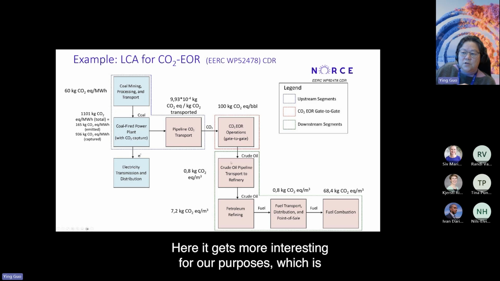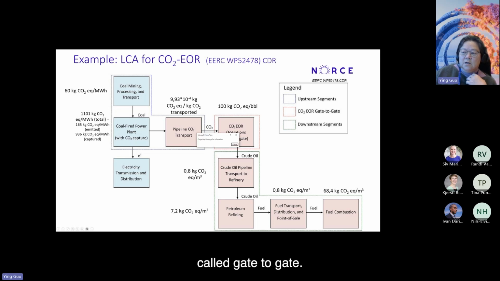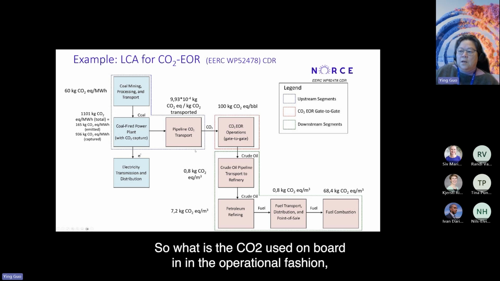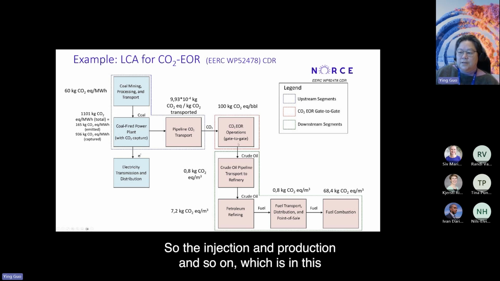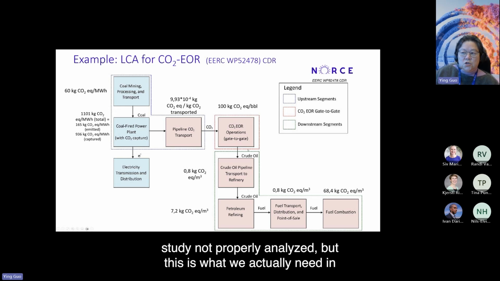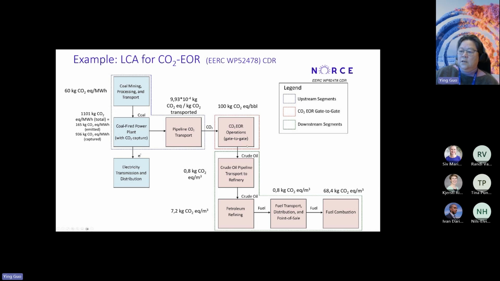Here it gets more interesting for our purposes, which is called gate-to-gate. So what is the CO2 used on board in the operational fashion? So the injection and production and so on, which is in this study not properly analyzed, but this is what we actually need in the future. I'll show you why.